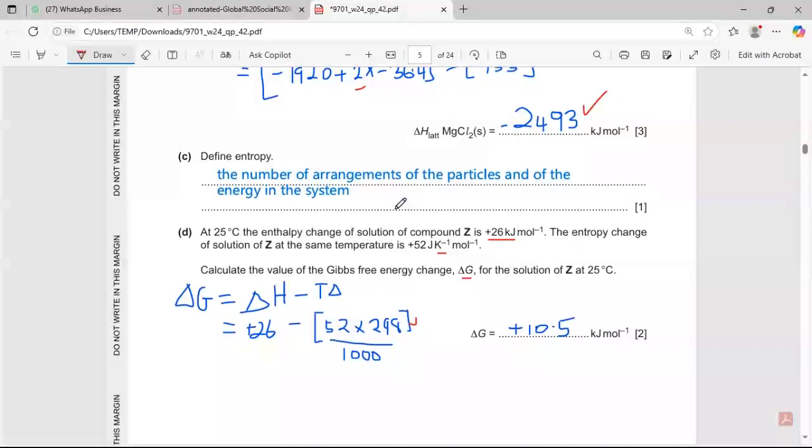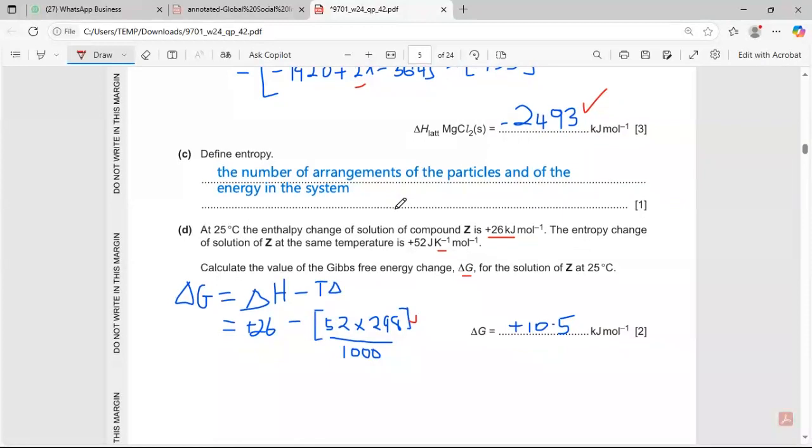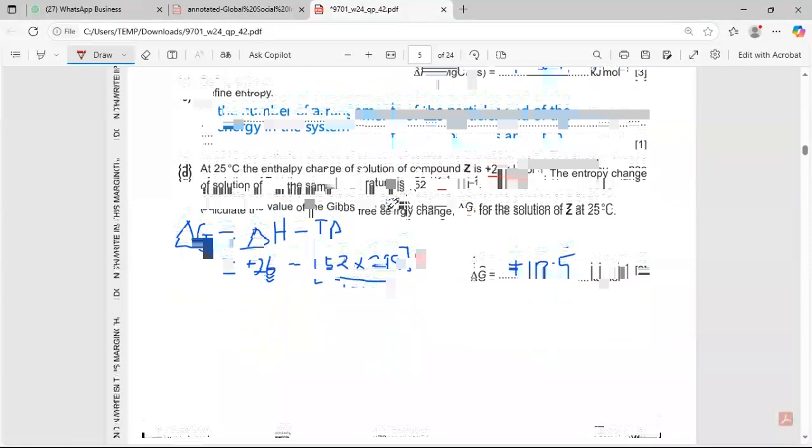Now, question C, define entropy. It is the number of arrangements of particles and of the energy in the system. That's what we refer to as entropy. Good.